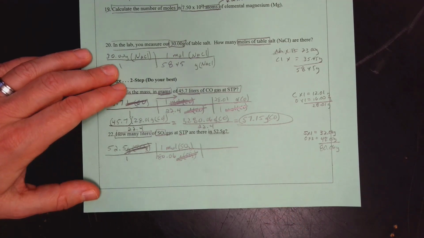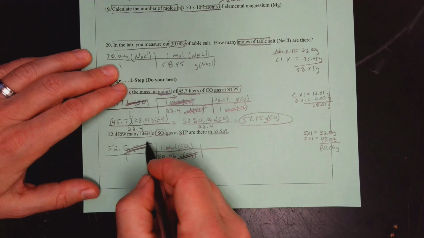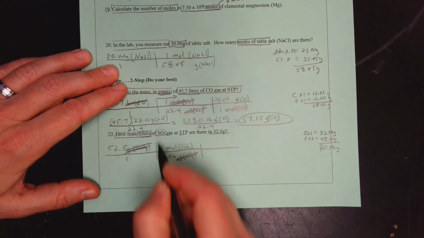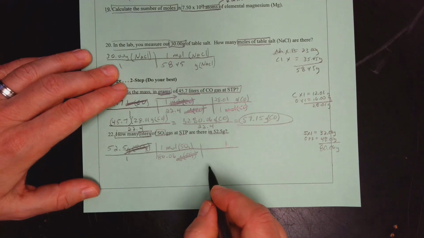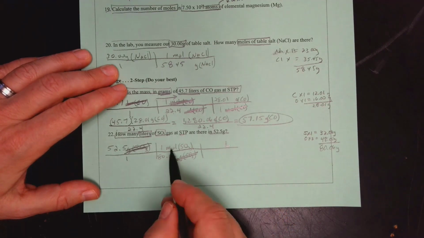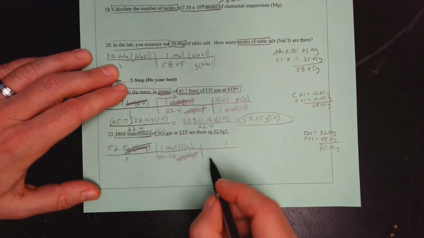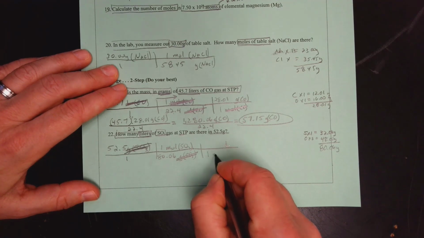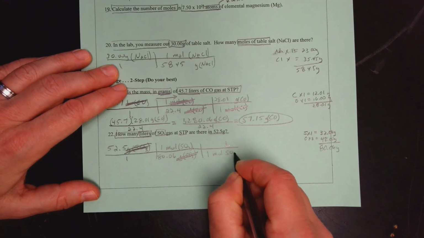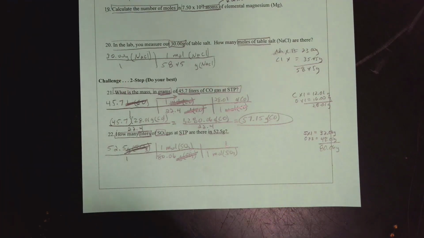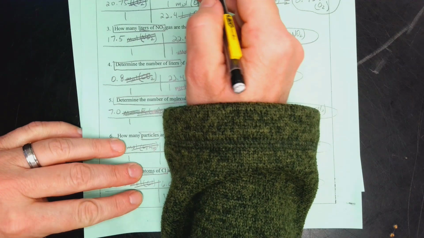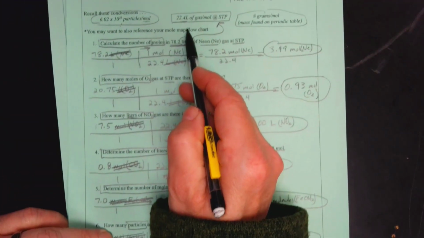So now what I have to do is, remember, I'm trying to finish up with liters. So I know liters has to go up here. Do I have a relationship between liters and moles? I most certainly do. So I can put 1 mole down here of SO3. And if you remember, whenever we're dealing with moles and liters together, we have to use this constant right here.